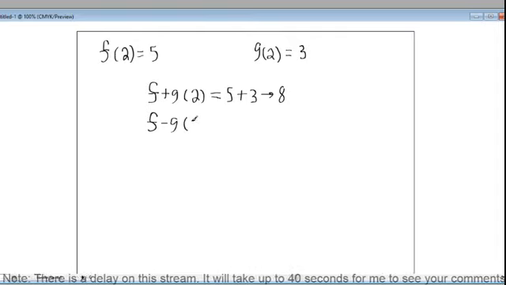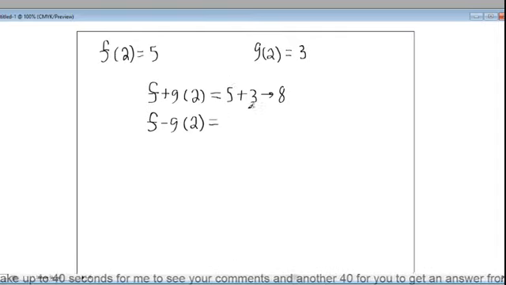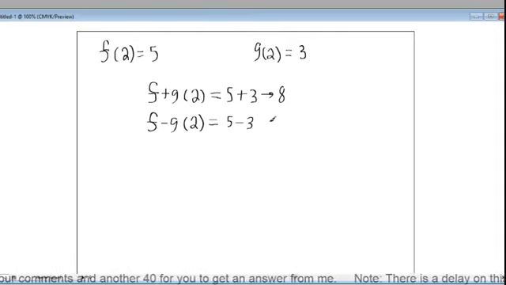If we do f minus g of 2, we're saying, okay, what are their outputs at 2? So again, that would be 5 and 3, but this time instead of adding them, we're going to be subtracting them. So 5 minus 3. Okay, well 5 minus 3, of course, is 2.